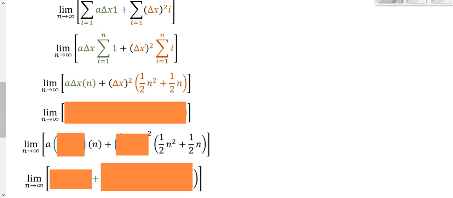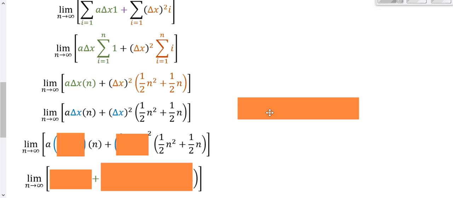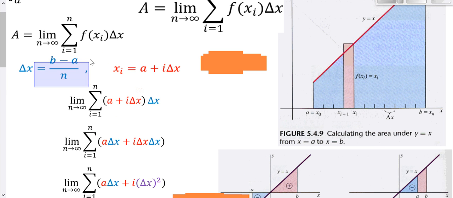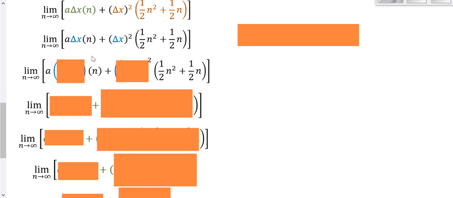So we have the exact same thing here. I just changed some colors. All we're going to do now is plug in what delta x was. Remember, delta x was right here. We're going to replace our blue delta x with b minus a over n, and replace this delta x with b minus a over n. So over here, your n on top and on the bottom are going to drop.